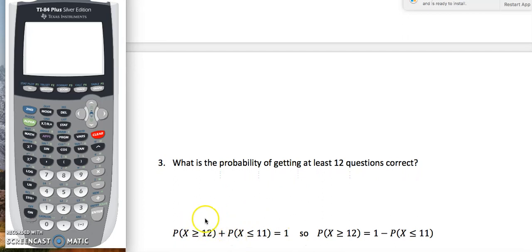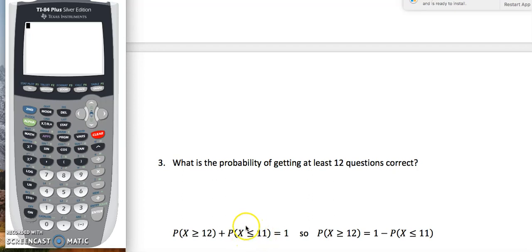Well, here, if we add up from 12 up to 20, and 0 up to 11, if we add up all the probabilities starting at 12 up to 20, so the probability that x is greater than or equal to 12, plus the probability that x is less than or equal to 11.